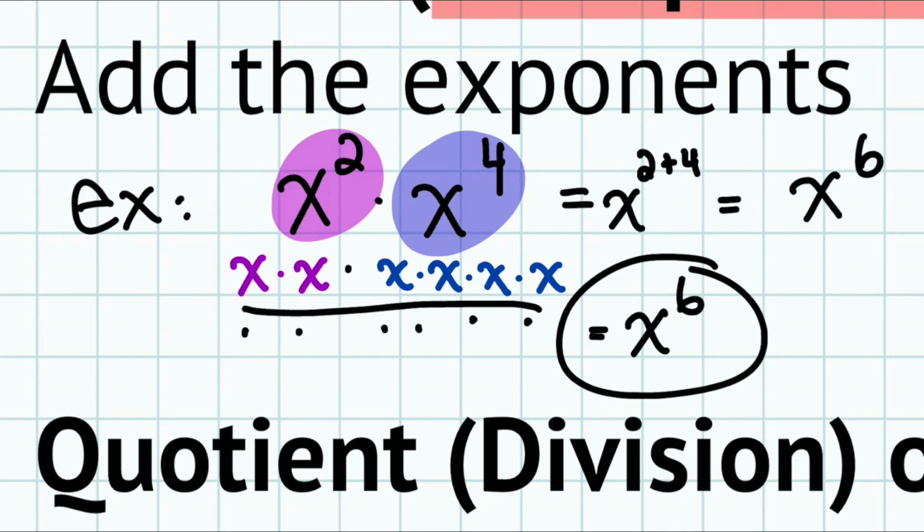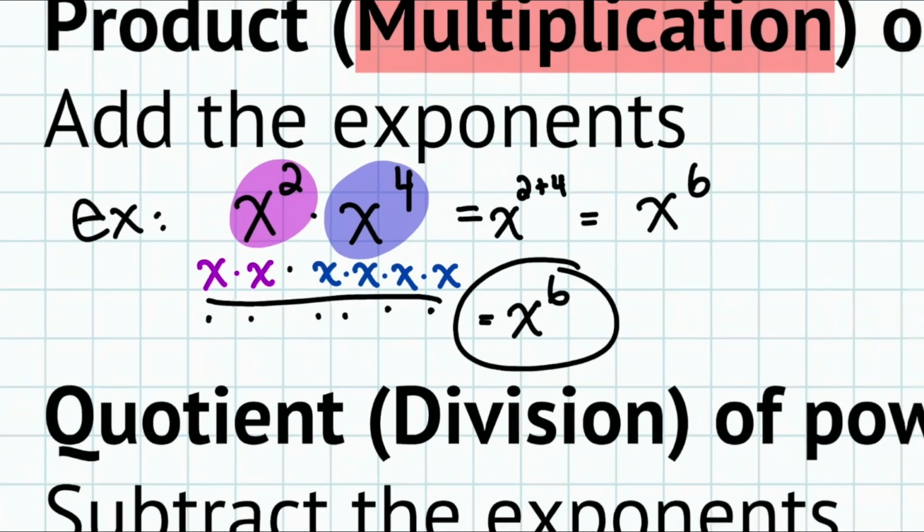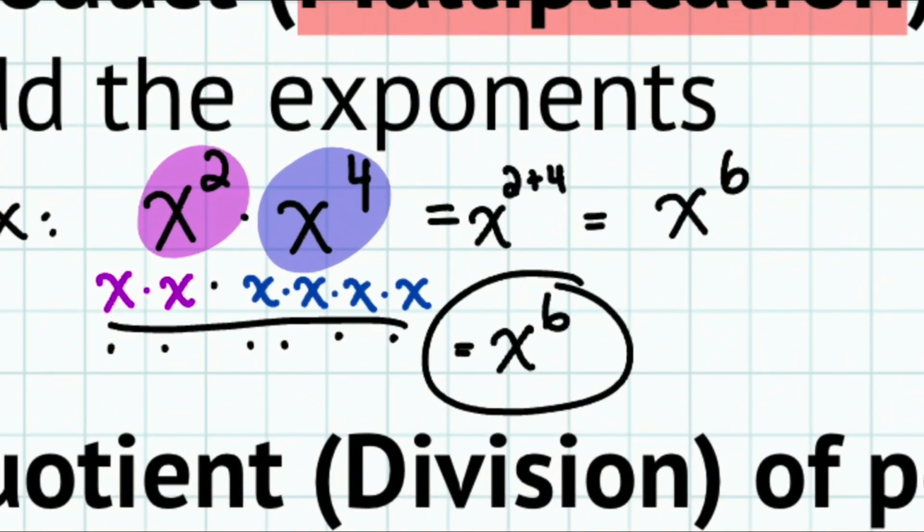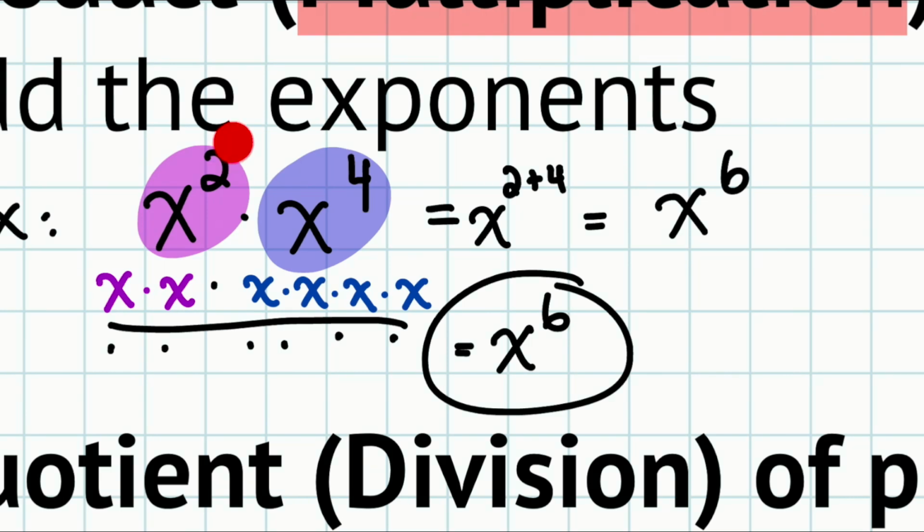Whenever you're multiplying powers with the same variable base, so here x is the same base for both, you can add those exponents because you're saying I have 2 x's and I've got 4 x's all being multiplied. So that's a total of 6 x's being multiplied. That's how we can think about it.